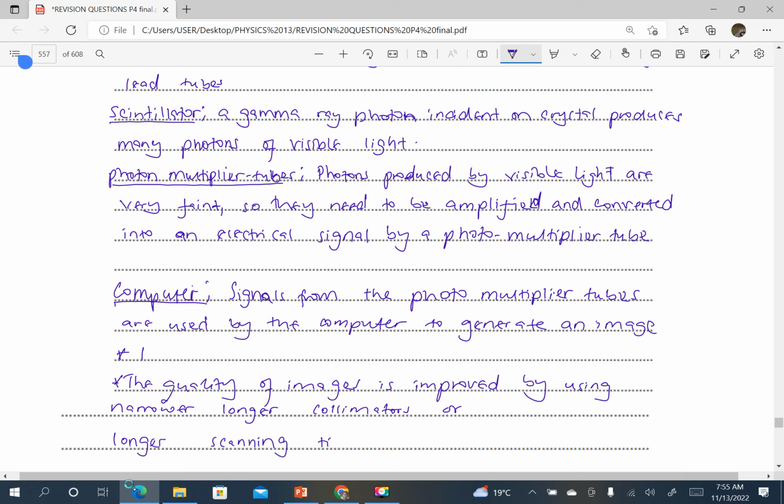A typical PET scan takes about 20 minutes, but if we increase the time of the scan, more disintegrations would occur. We would allow more time for more activity to occur, so the quality of the image would be improved.